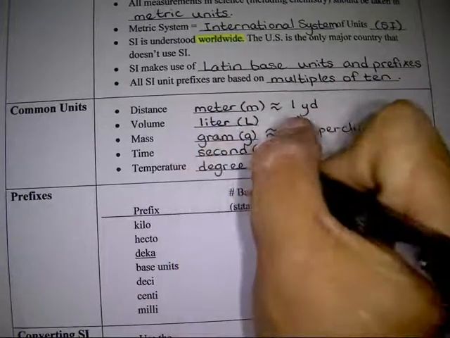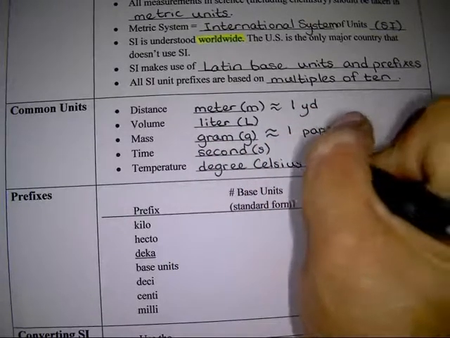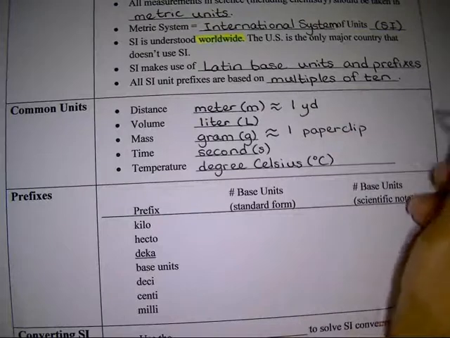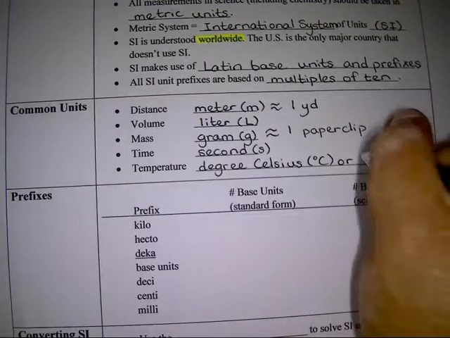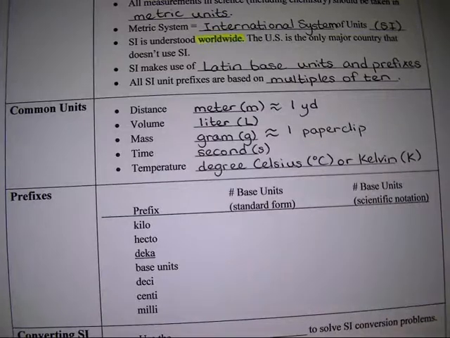There's degrees Celsius, which is the unit that most people in the world use for their weather temperature, okay? And Kelvin, which is symbolized by a big K. And Kelvin is used in science usually for gas laws, okay? And later in the year, when you get to gas laws, we will be talking more about Kelvin.